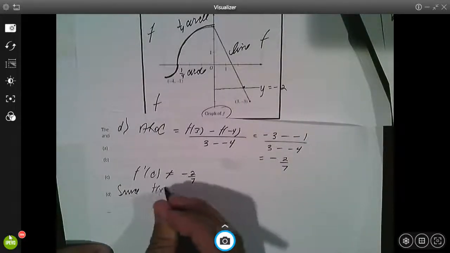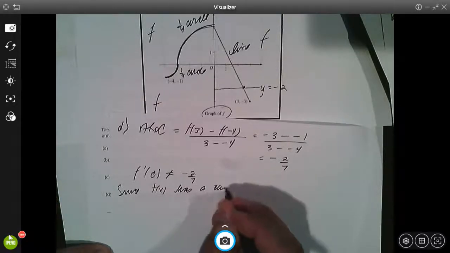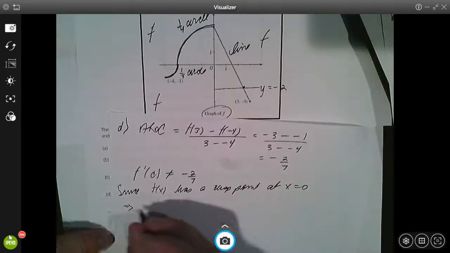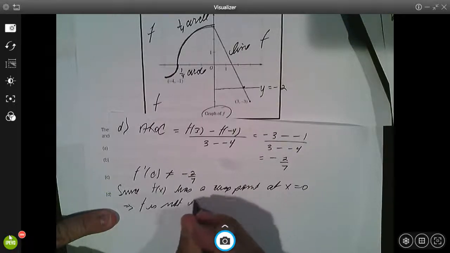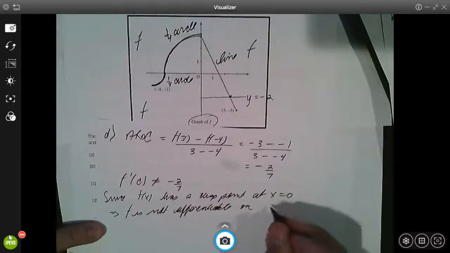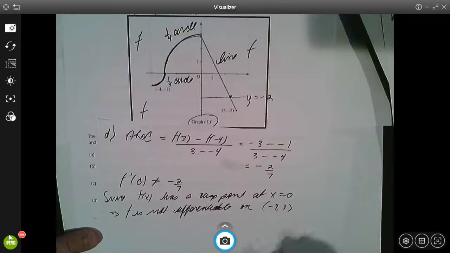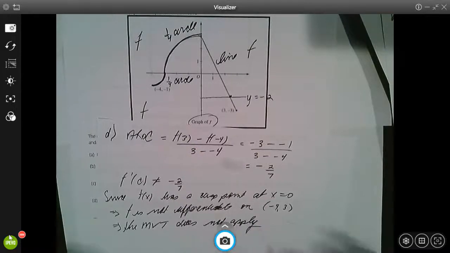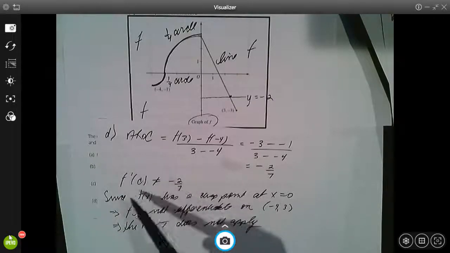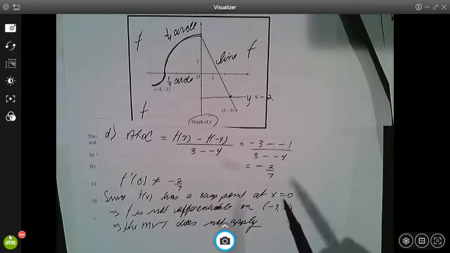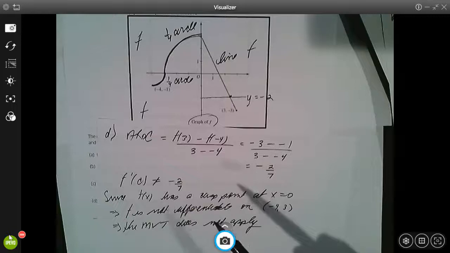Since f has a cusp point at x equals 0, that means f is not differentiable on the interval -4 to 3, which means the MVT, the mean value theorem, does not apply. That's why this isn't a contradiction. My derivative doesn't have to be equal to -2/7 because the mean value theorem cannot be applied. And the mean value theorem cannot be applied because the function is not differentiable.